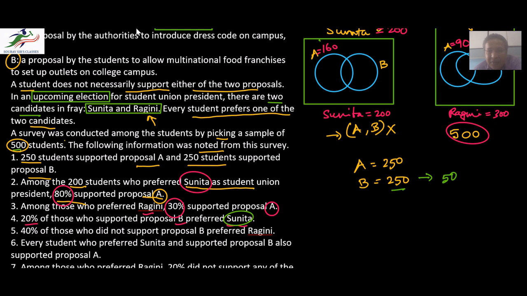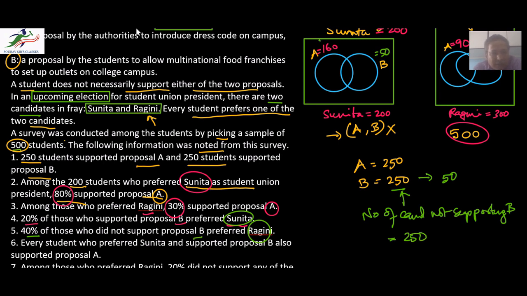So number of candidates who supports proposal B and Sunita is 50. 40% of those who did not support proposal B preferred Ragini. 250 supports proposal B. Therefore, number of candidates not supporting proposal B is 500 minus 250 is 250.